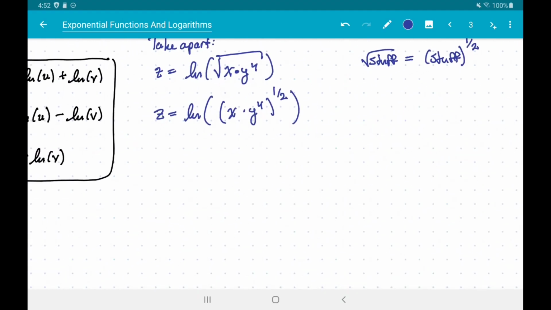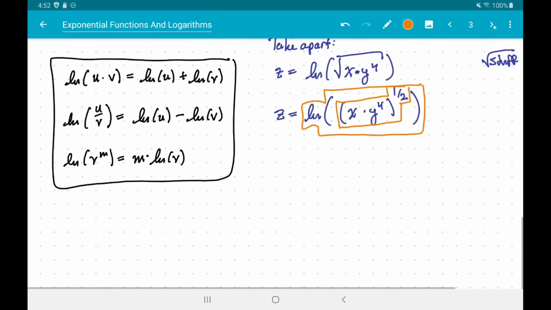So first, the outermost operation is ln. ln is applied to something where the outermost operation is an exponent. So of the rules over here, which one can we use to take apart ln of all that stuff to the 1/2? It's this one.